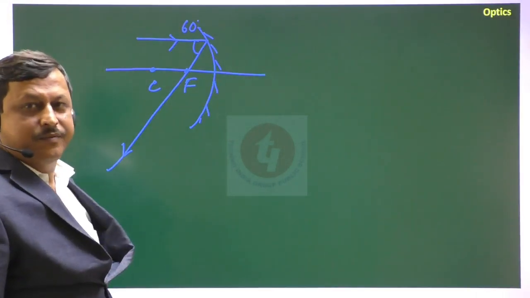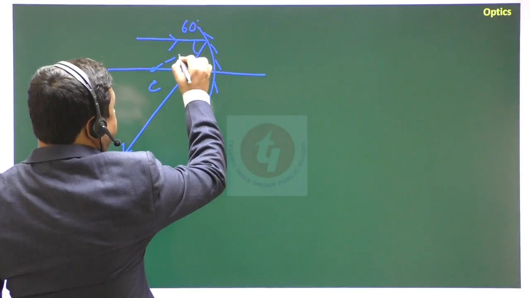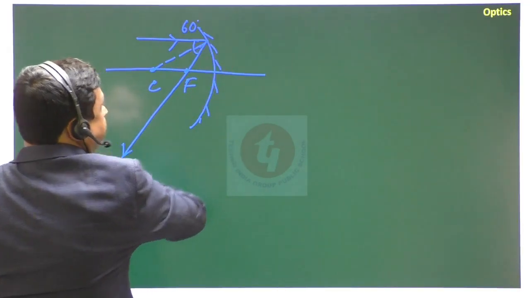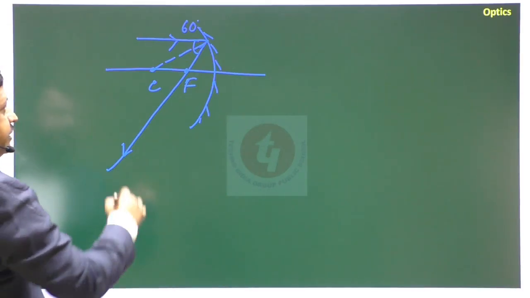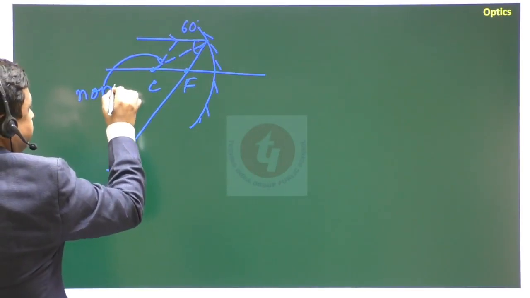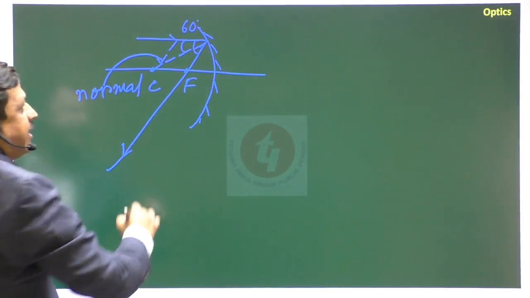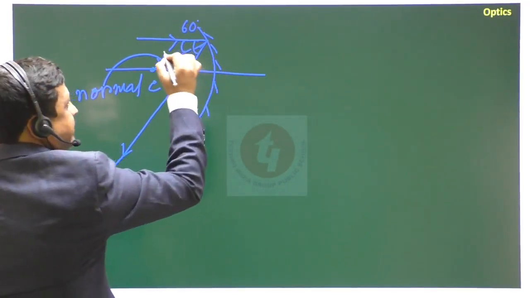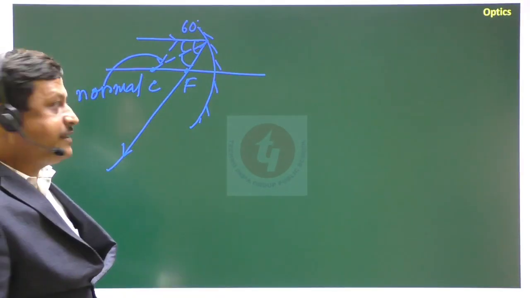In this case, first you have to join the center of curvature and the point of incidence. Basically this is the normal at the point of incidence. You know that this angle is the angle of incidence and this angle is the angle of reflection, and both are the same.